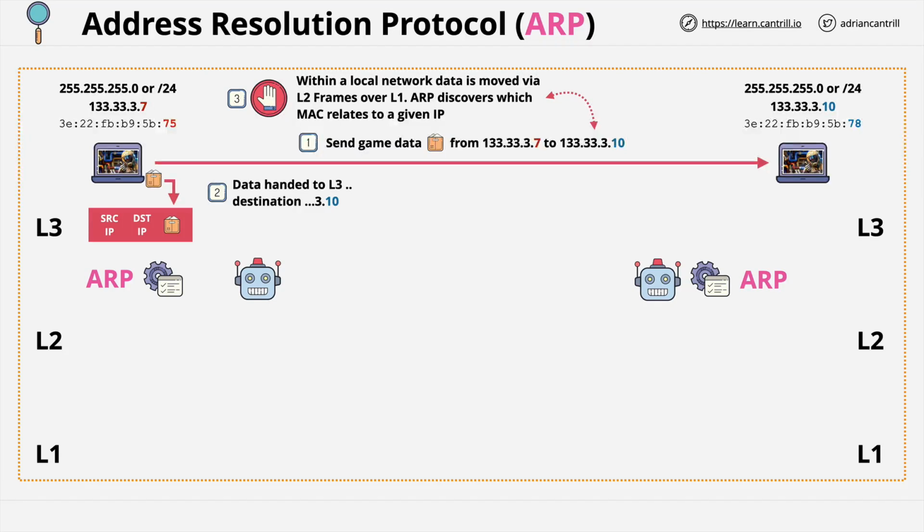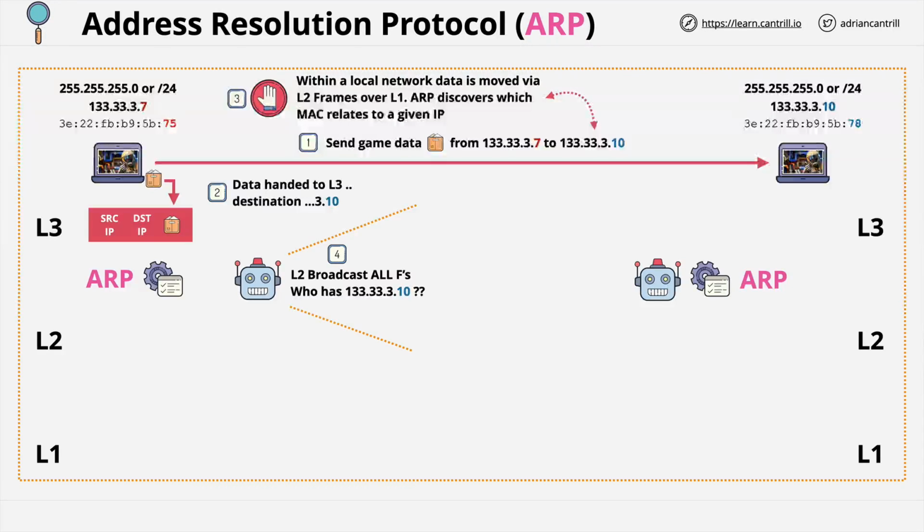Now ARP broadcasts on layer 2. It sends an ARP frame to all Fs as a MAC address, and it's asking who has the IP address 133.33.3.10, which is the IP address of the laptop on the right. Now the right laptop, because it has a full layer 1, 2 and 3 network stack, is also running the address resolution protocol.